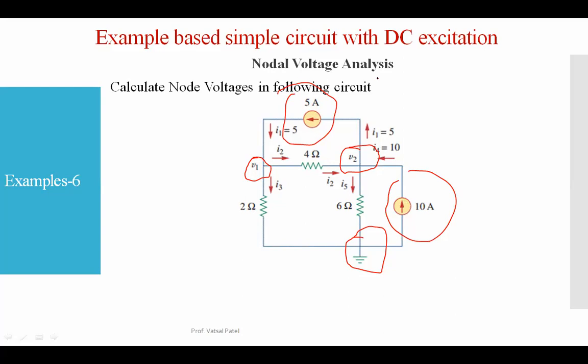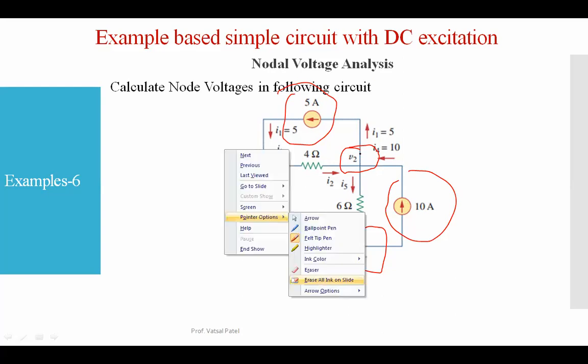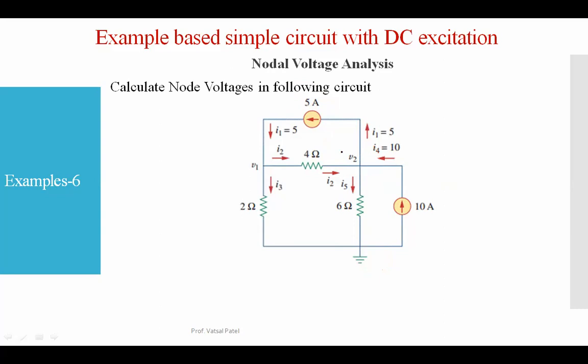Now according to those current sources and the current direction, you can see that the value of the current is given all over. The objective of this example is that we have to identify V1 and V2, right? So current I1 is flowing here from this 5 ampere current source, and you can say that the 10 ampere current is flowing here.